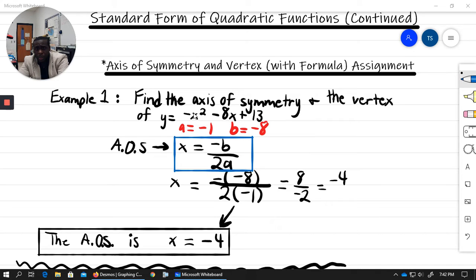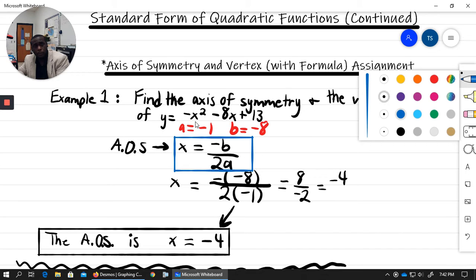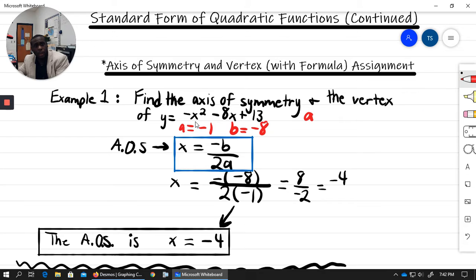The a value here is negative 1, and the b value is negative 8, because this is in standard form, which is ax squared plus bx plus c. We've identified a and b, and we need to use that formula.